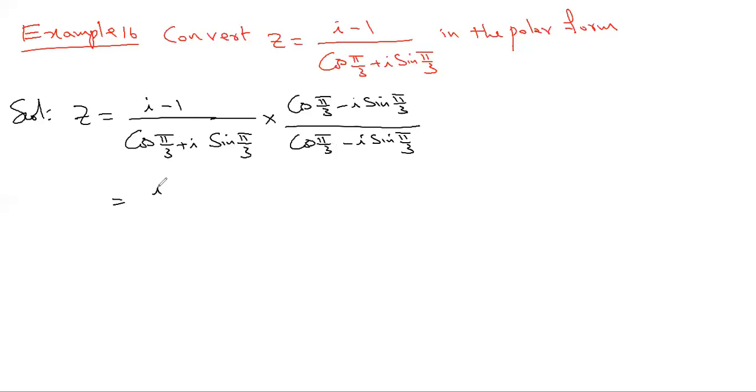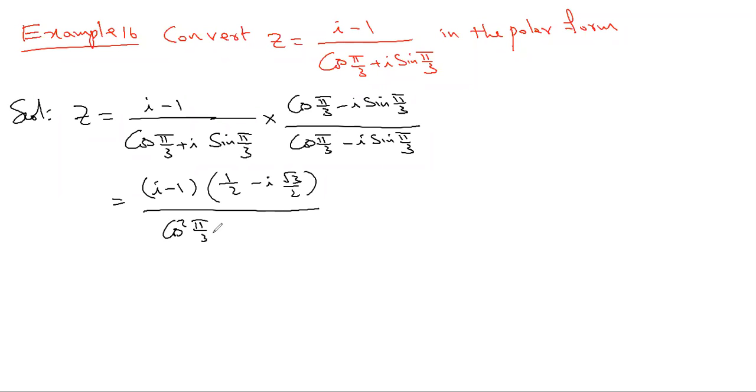Then the numerator is i minus 1 into, now I will write what is cos pi by 3, what is that? 1 by 2 minus i root 3 by 2, whole divided by the denominator. See how simple the calculation is: cos square pi by 3 plus sine square pi by 3, which is 1. You don't need to write the values of cos pi by 3 and all.